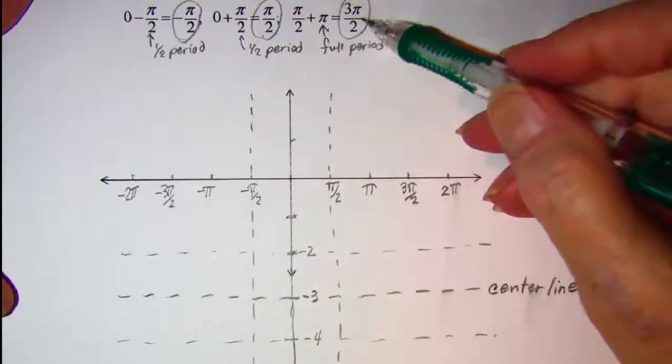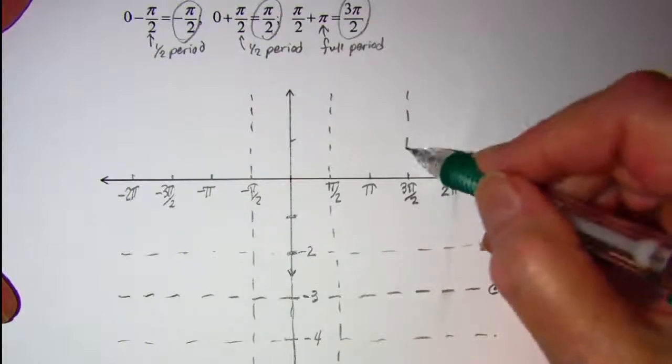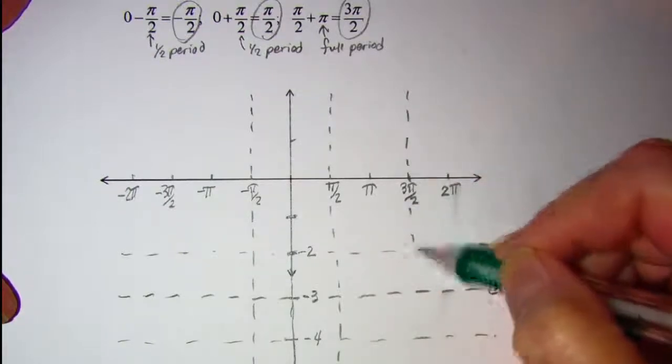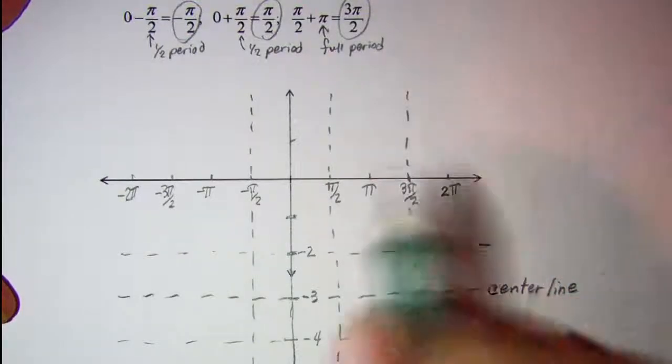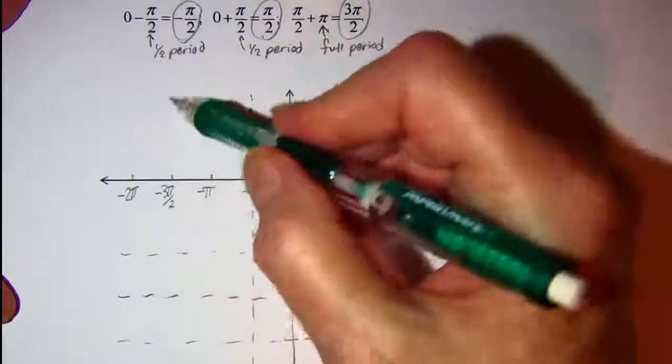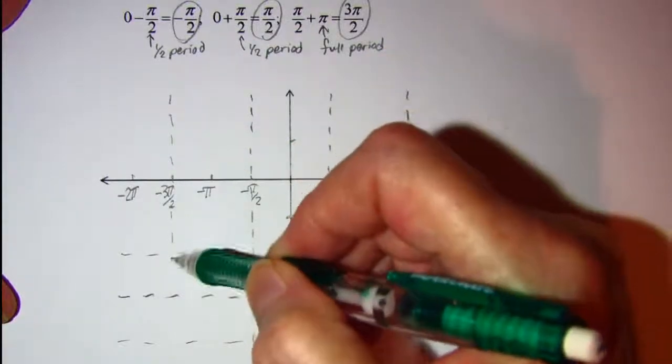And then we have another one a full period away, which is at 2 pi over 2. And I have enough room. Let me go ahead and mark my one over here at negative 3 pi over 2.